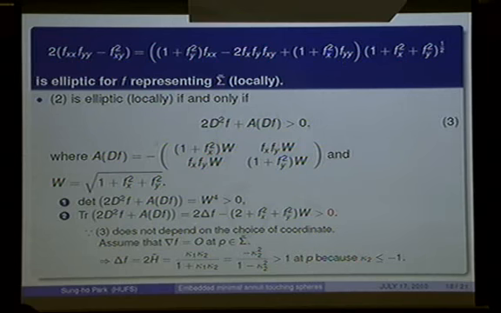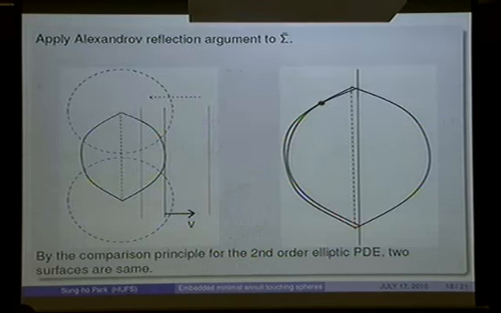So I can show that the trace is bigger than 0 in a neighborhood of P. So this PDE is elliptic for me.